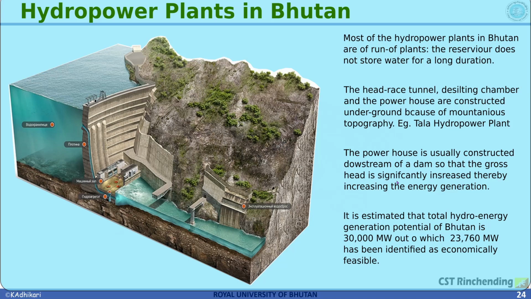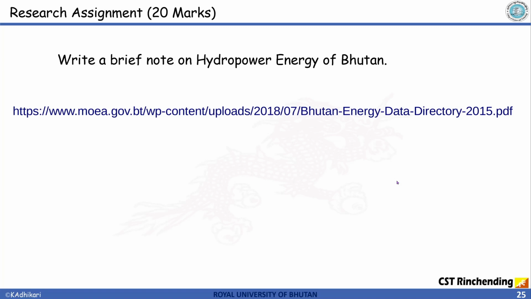And with this, I would like to give you a simple assignment. I've provided the link here. I want you to write a brief note on hydropower energy of Bhutan. All the information is available in the Bhutan Energy Data Directory 2015, which is the latest one. I believe they were going to update this soon, but right now we just have this 2015 version.